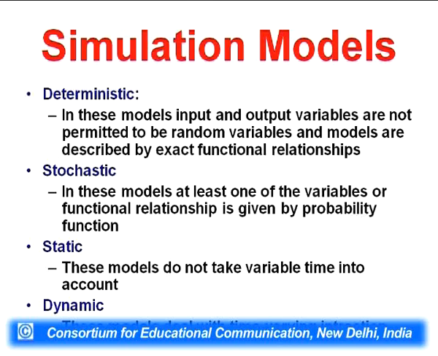For example, if a chemical is being used, its concentration is fixed, its temperature is fixed. If a gas is being used, its pressure is also fixed. There cannot be any change in these values.